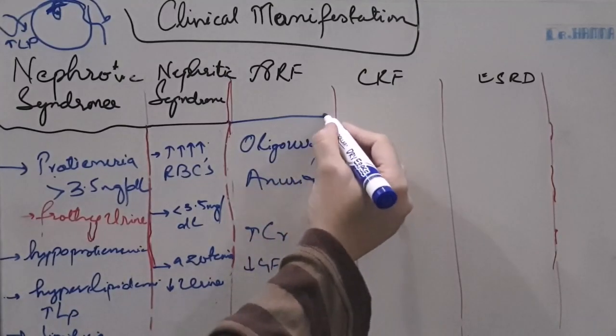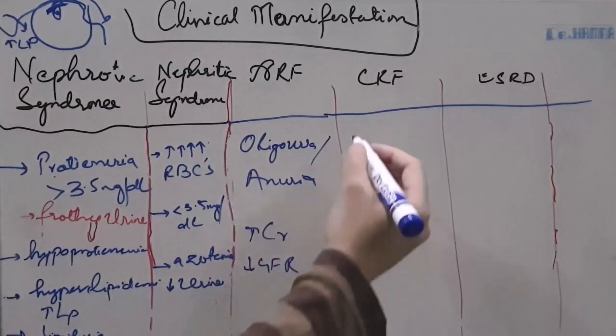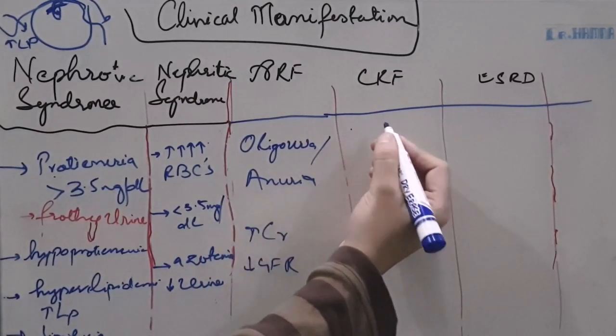Chronic renal failure. Chronic renal failure has a characteristic criteria for diagnosis. So the main diagnosis depends upon the GFR.